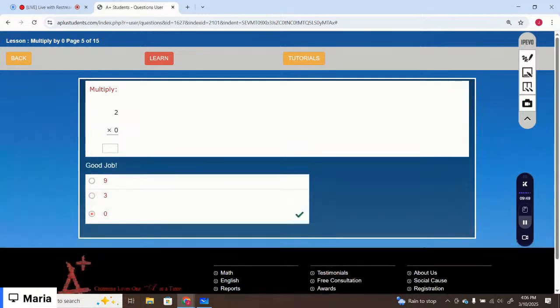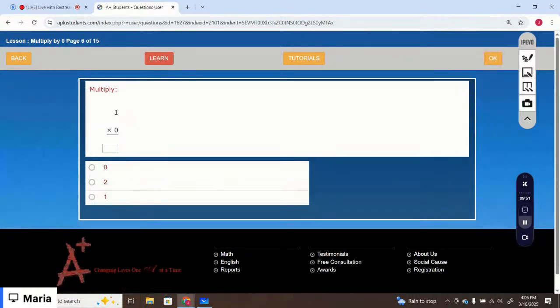So whatever number it is, when you're multiplying with 0, the value is 0.